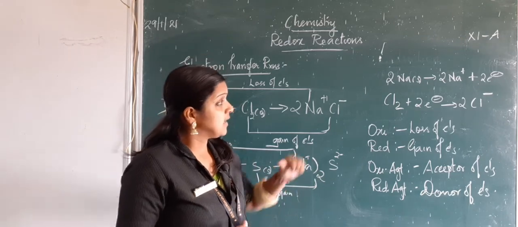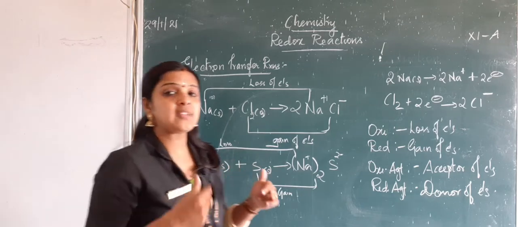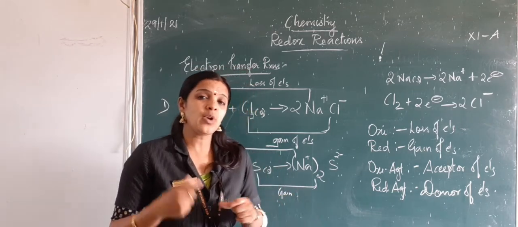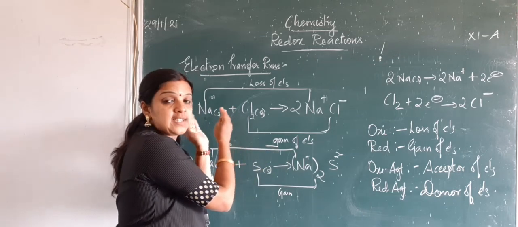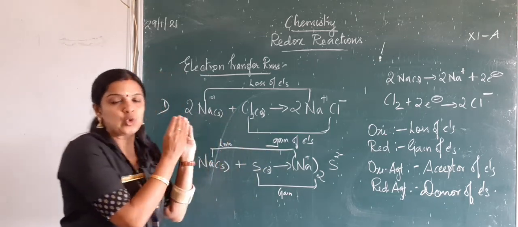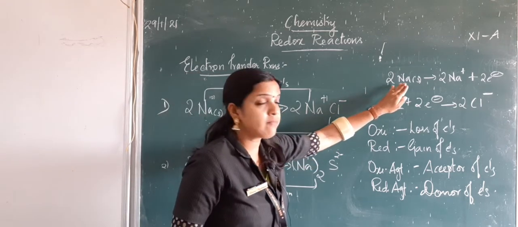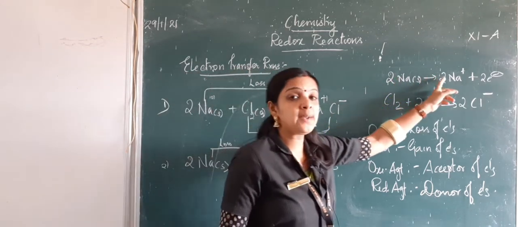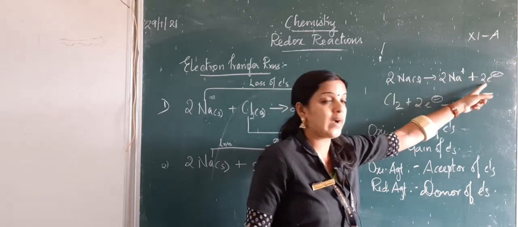The next, if you see sodium chloride formation, let us talk about the half cell reaction. What are half cell reactions? I am going to consider only the reaction that is happening with respect to sodium. What is happening with respect to sodium? Sodium metal becomes Na+ by losing electrons. It actually loses 1 electron.